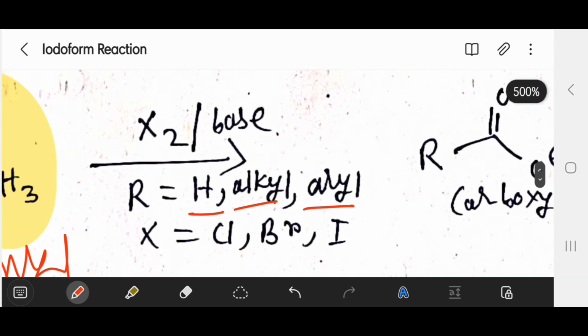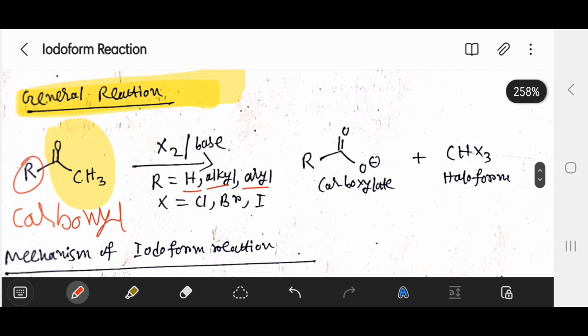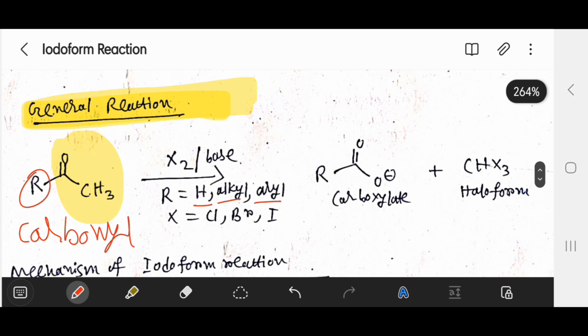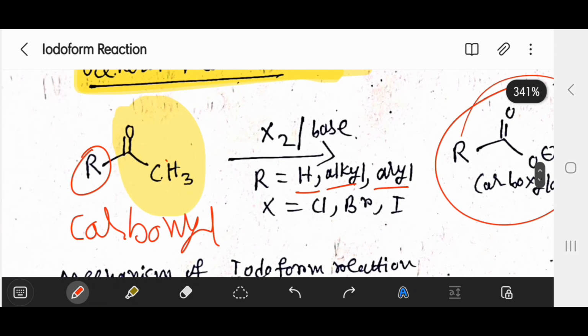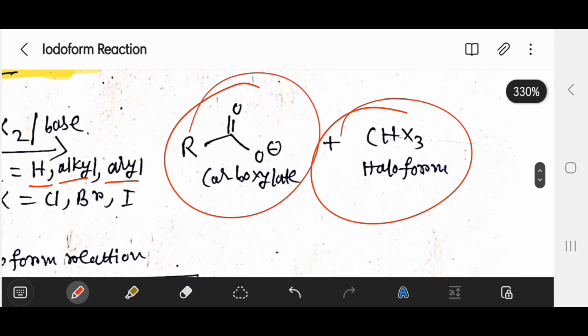Aryl group means like benzene or an aromatic system. After this reaction we will get a carboxylate, this part becomes a carboxylate with an oxygen attached, and from this other part we will get the haloform.